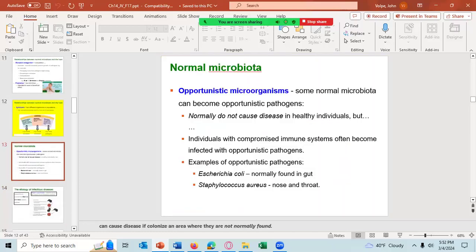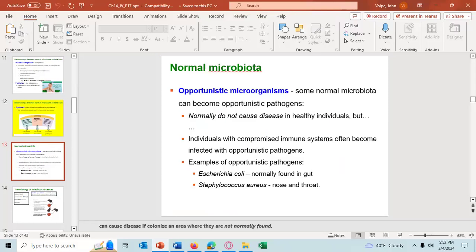The normal microbiota does not normally cause disease, at least in healthy individuals. However, the normal microbiota can cause disease under certain circumstances, in which case we call it an opportunistic microorganism.